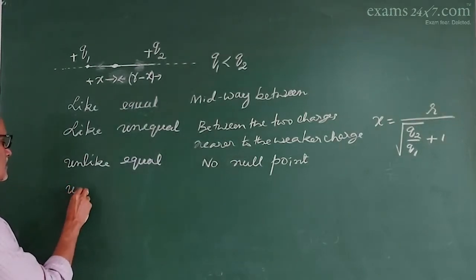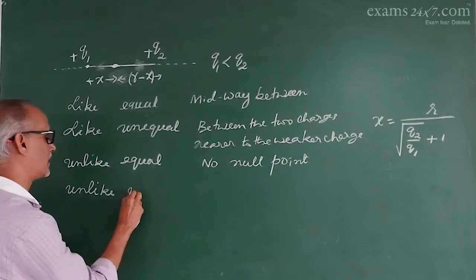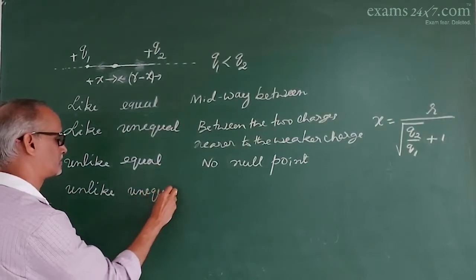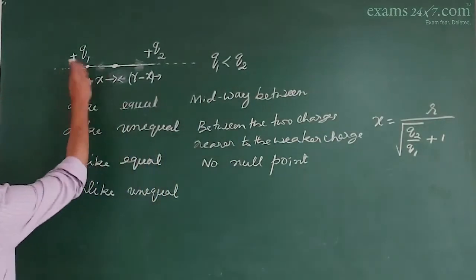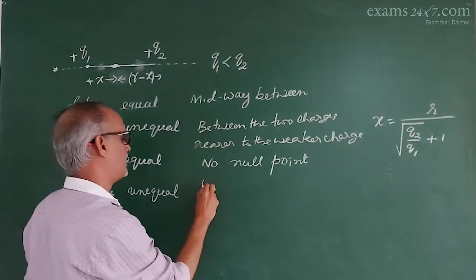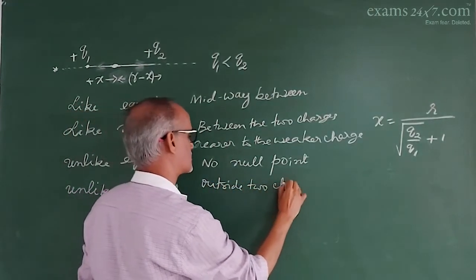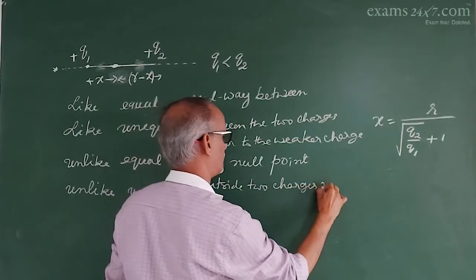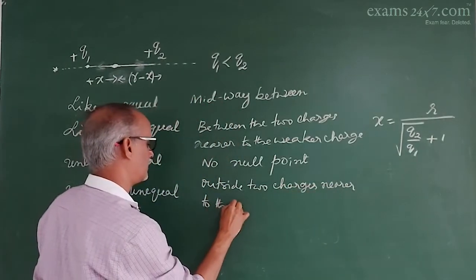If the charges are unlike charges and of unequal magnitude, then the null point will be outside the two charges, nearer to the weaker charge.